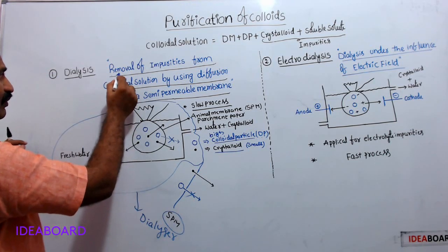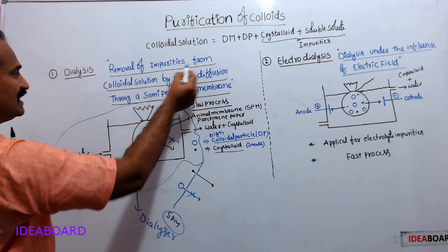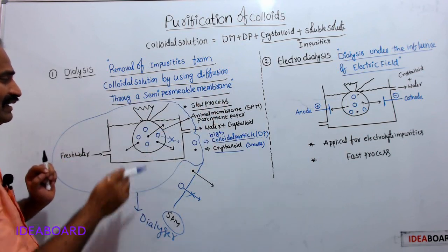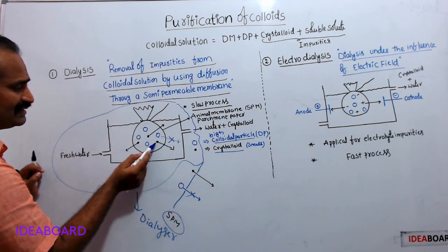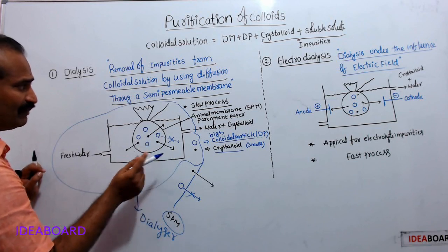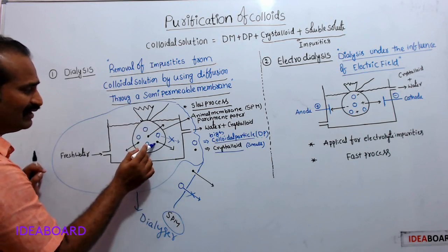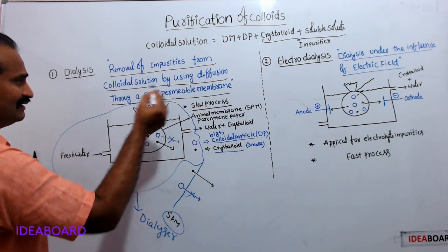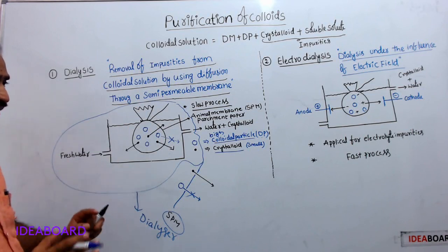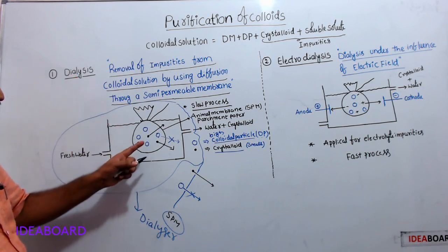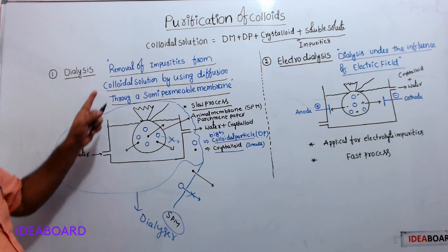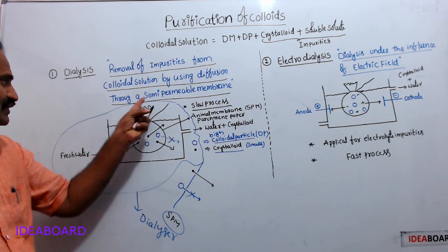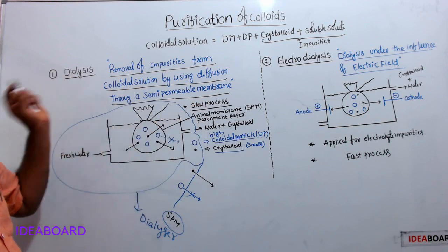Dialysis is the process of removal of impurities from a colloidal solution by diffusion through a semi-permeable membrane. Here crystalloid particles migrate from the colloidal solution to water through the semi-permeable membrane. That is nothing but diffusion. So with the help of diffusion we are able to separate impurities from the colloidal solution.